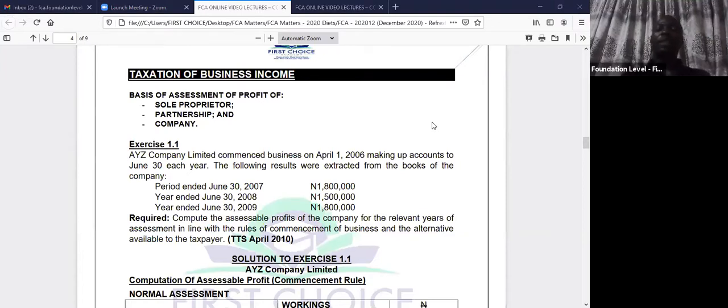Now, basis period is the fundamental in taxation. All taxes are based on a particular period. Okay, let me use an example. You know that NEPA bill is like a tax. Let's use NEPA bill like a tax.